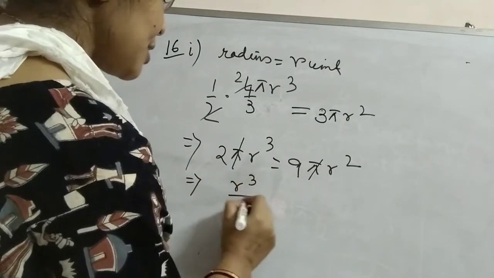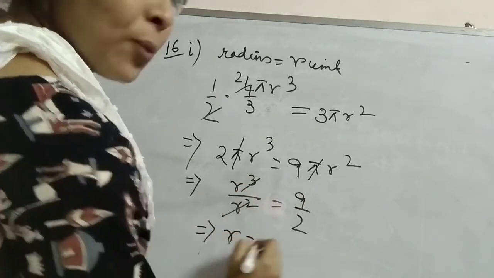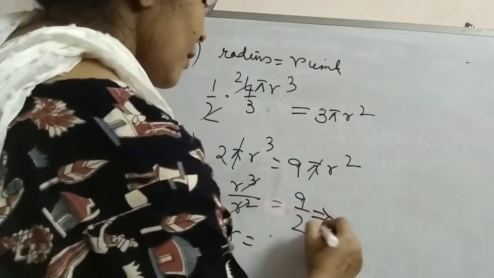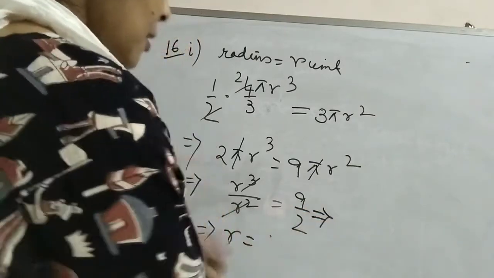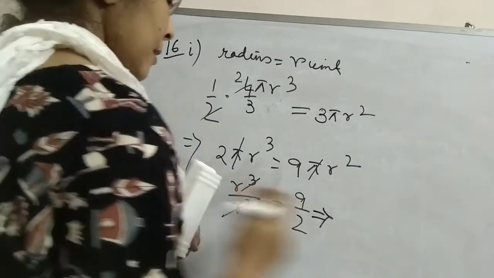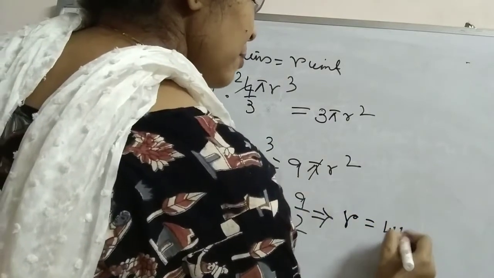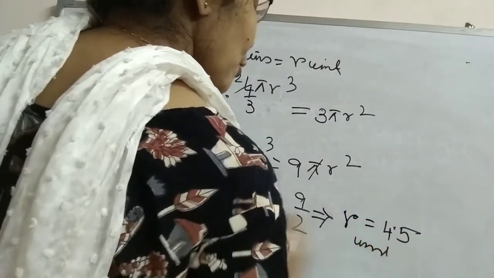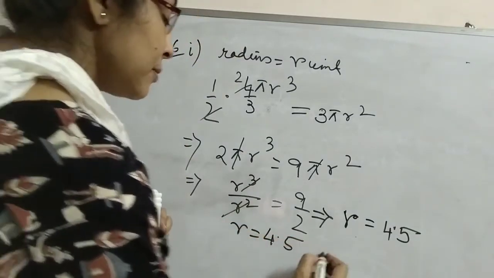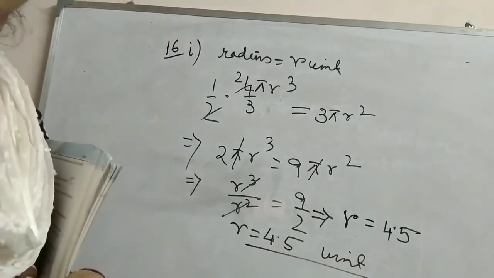R cube by r square equal to 9 by 2, that is r equal to 4.5. Therefore r equal to 4.5 unit.